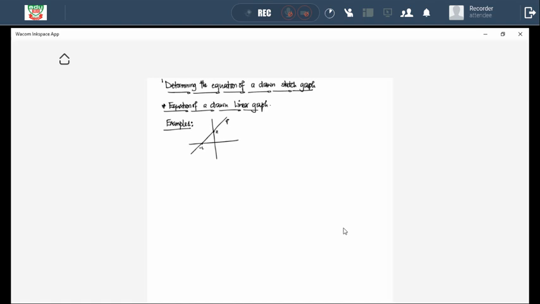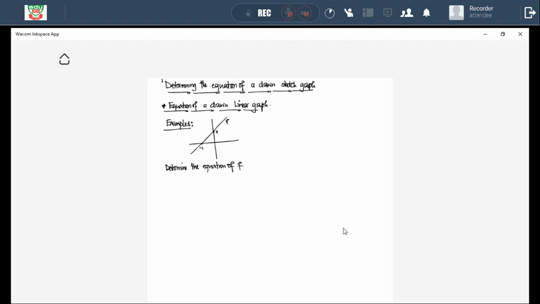Question says determine the equation of f. I want to come up with the algebraic equation of f. Now, how do I come up with that?